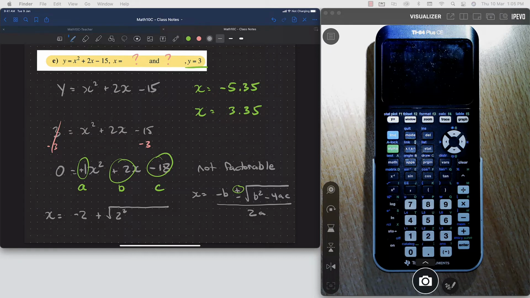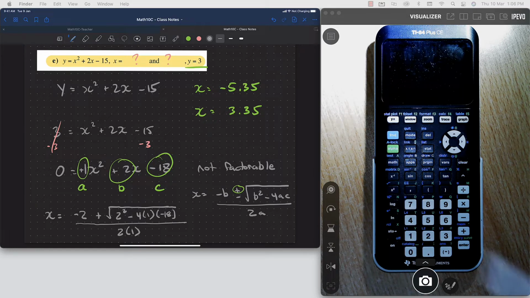It's 2, so 2 squared minus 4 times a, which is just 1, so it really doesn't change anything, and times c, which is negative 18. That all falls under the square root symbol. And then I'm going to divide all of that by 2 times a, which again happens to be 1.